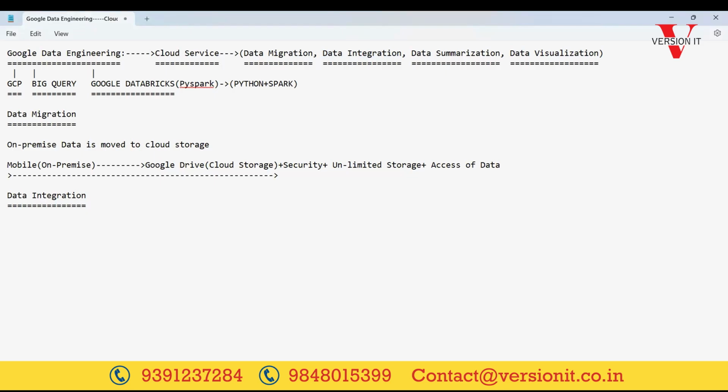Data integration is accumulation of data from various sources at a particular location.